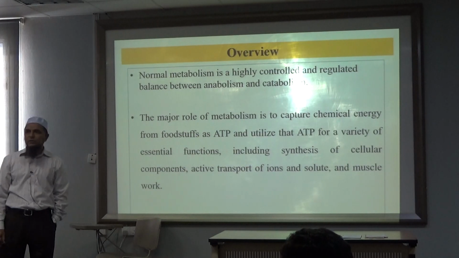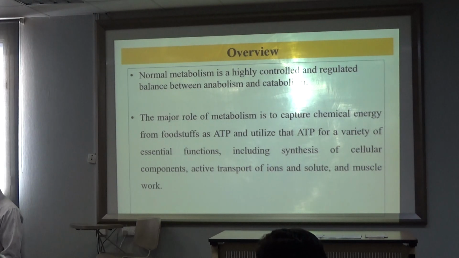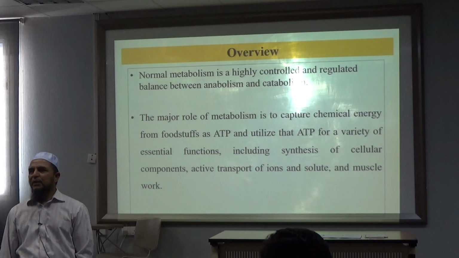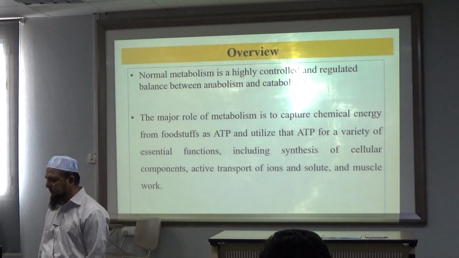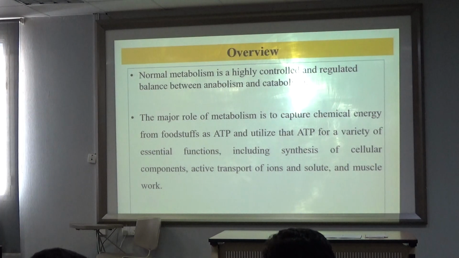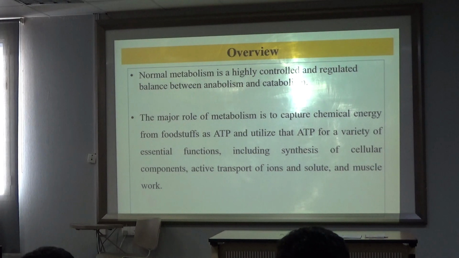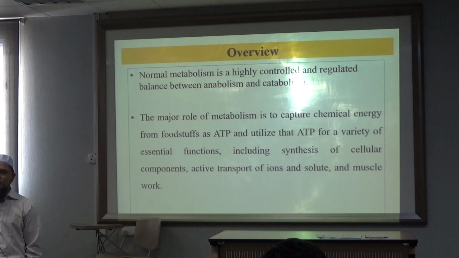So as you know, metabolism is a highly organized, well structured mechanism. It is not randomly assigned or randomly designed, and the normal system goes when it is organized, and if there is derangement in this organization, it gives us diseases.